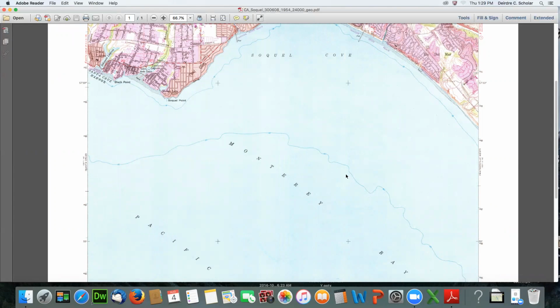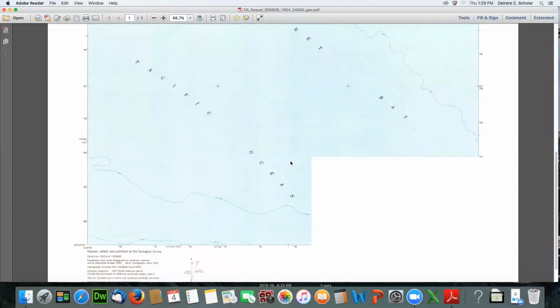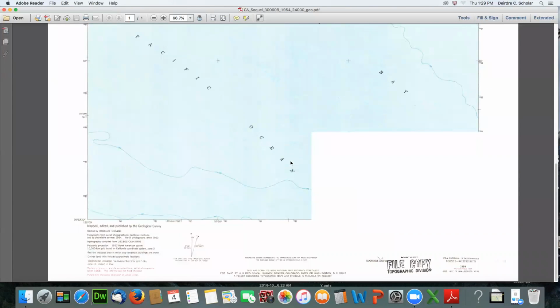Now notice that these contour lines are shown in blue, and we cannot assume that the numbers given on these contour lines on the ocean floor are in the same units as on land. But on the map, it should tell us. So if you look down at the bottom, it does indeed say something about depth curves.